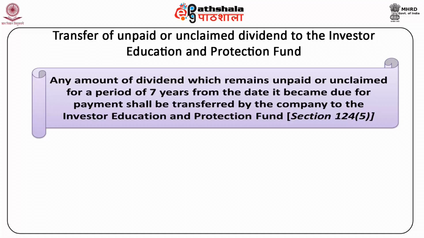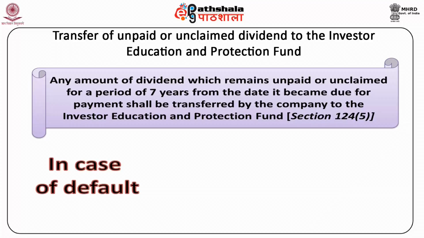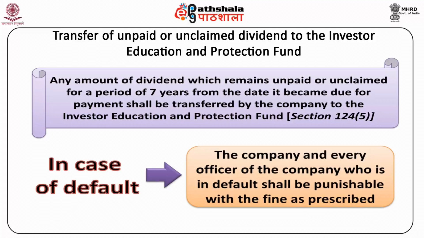When making a transfer to the fund, the company shall furnish to the authority appointed by the central government the details as prescribed in this respect. The said fund shall be utilized for promotion of investor awareness and protection of the interests of investors. In case of any default in complying with these provisions, the company and every officer of the company who is in default shall be punishable with the fine as prescribed.